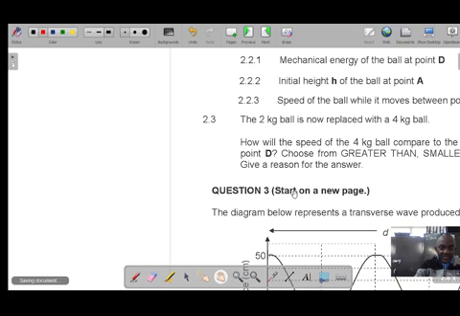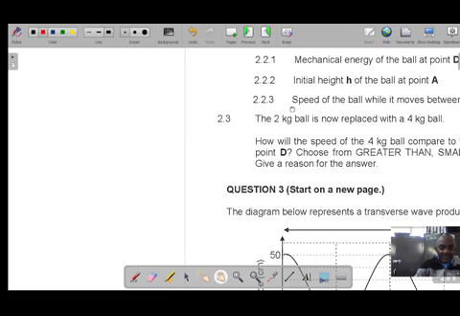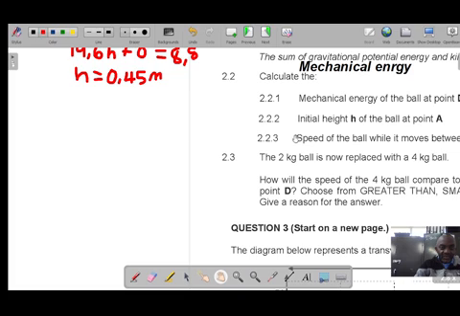I want the speed of the ball while it moves between points B and C. So like we have said, the mechanical energy along BC, let's say BC in brackets, will be the same as the mechanical energy at point D, because the system suffers no friction.